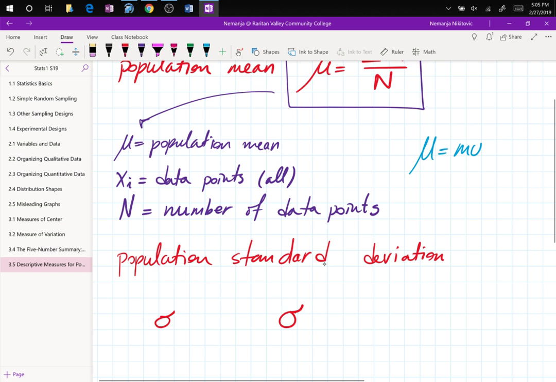So one horn only, only the right horn. So sigma is the square root of, and the formula is the same. It's xi minus the mean, squared, over N. This used to be x bar, because mean for sample is x bar. Now mean for population is mu, so we are using mu.